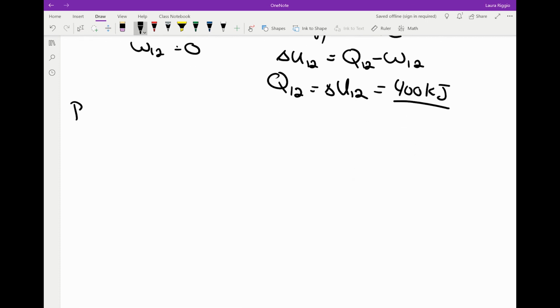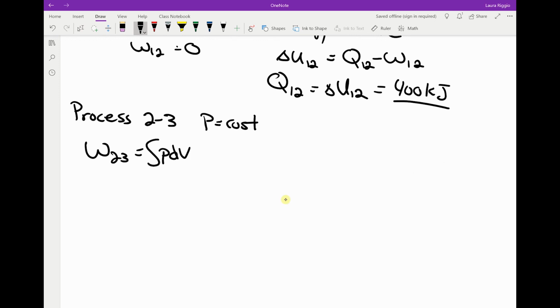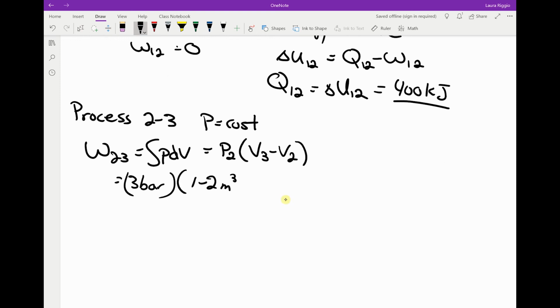So if we now look at process 2 to 3, it's constant pressure. So our work from 2 to 3, which again is equal to the integral of P dV, is equal to our pressure at state 2 times V3 minus V2, which is 3 bar times 1 minus 2 meters cubed.